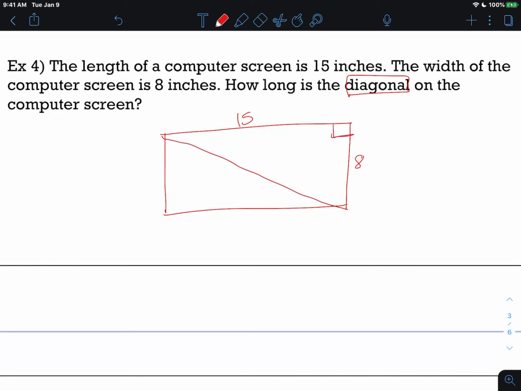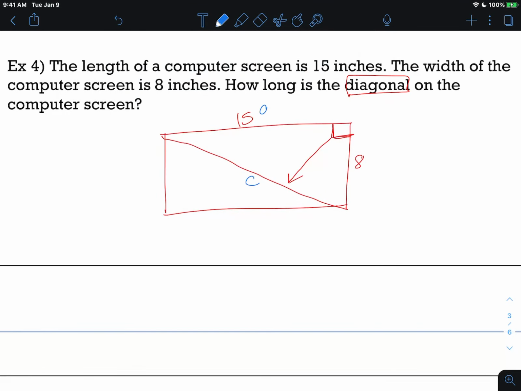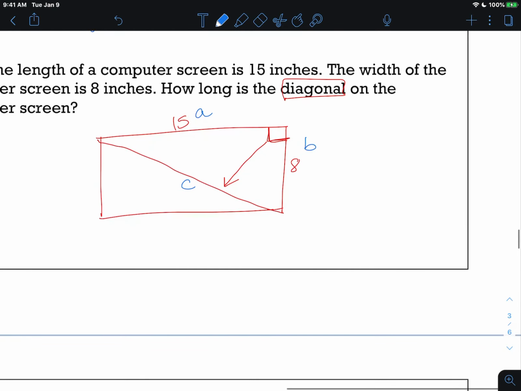So that means that this guy's got to be my 90-degree angle, my right angle, which means opposite to it is C, the diagonal. I'll just label these as A and B. All right, let's write out that formula again. So let's plug in A, B, C. I'm looking for C again.